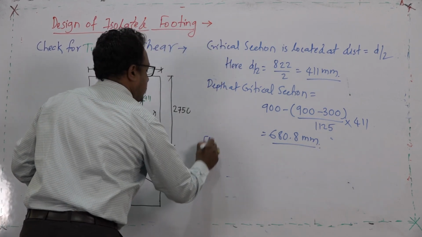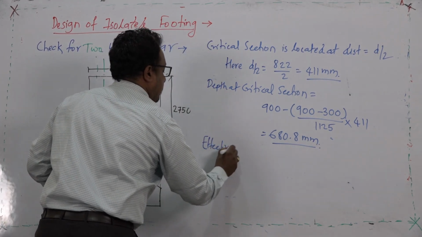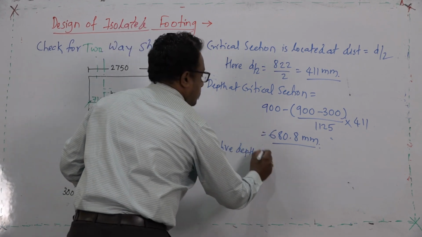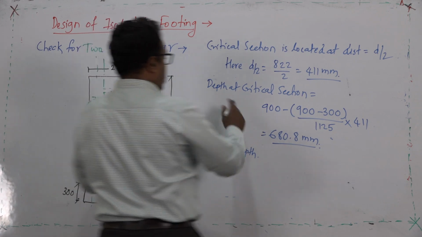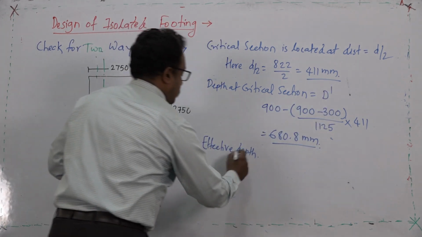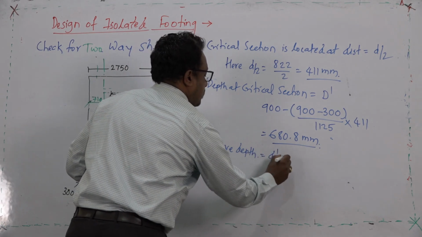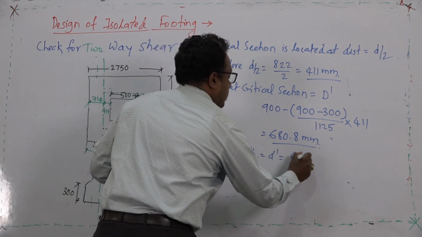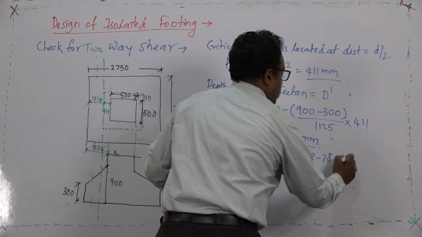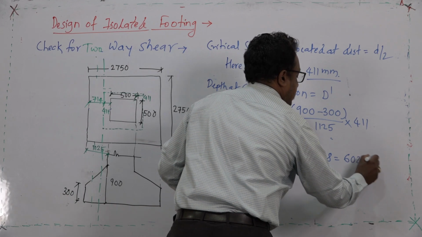Now, I will write the effective depth. The depth at a critical section I will refer to as d dash. So, effective depth will become small d dash: 680.8 minus 78, so this will become 602.8 millimeter.